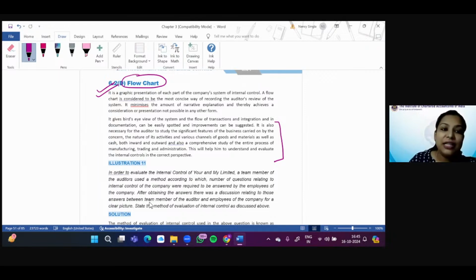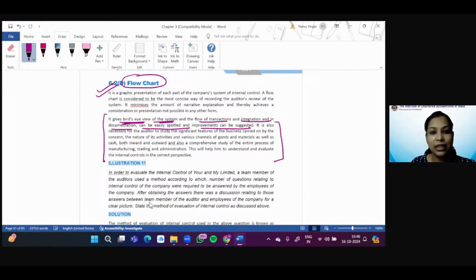So if everything is made in the form of flow chart, it is going to give the auditor a bird's eye view of the system and the flow of transactions, and lapses in documentation can be easily spotted and improvements can be suggested. Clear? So if a flowchart is given with respect to each and every aspect of the organization which is relevant to the auditor, this is going to help the auditor.